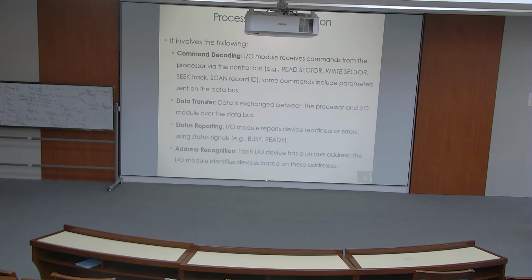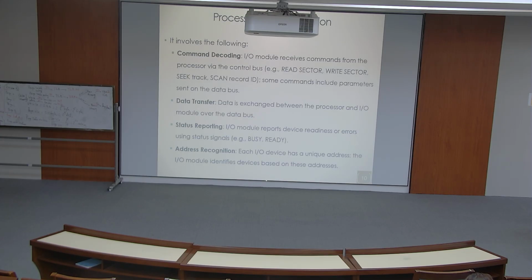So we have status reporting, where the input-output module needs to report device readiness or errors using status signals, busy or ready. When it comes to address recognition, each input-output device has a unique address, and the input-output module has to identify devices based on the addresses.